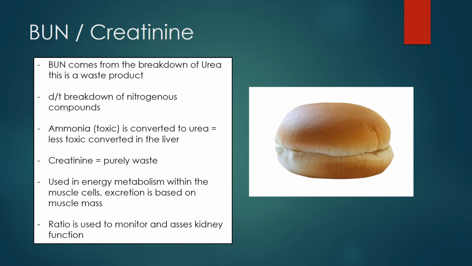Basically, the liver is going to break down polypeptides into ammonia. Well, ammonia is a very toxic compound to the body. So then the liver, through the urea cycle, will change that ammonia into urea, which is less toxic to the body.